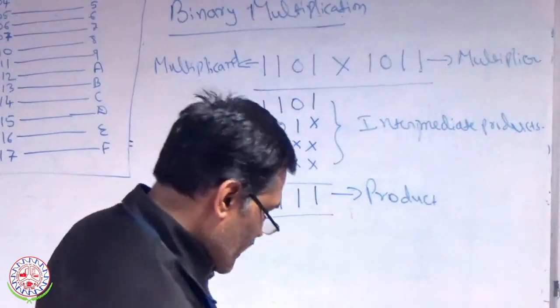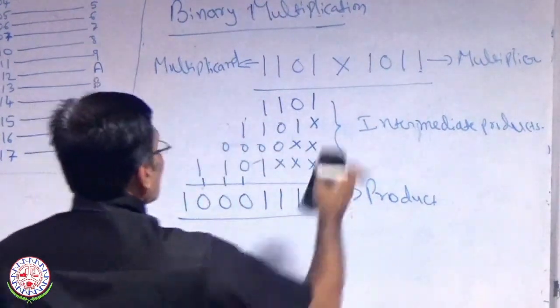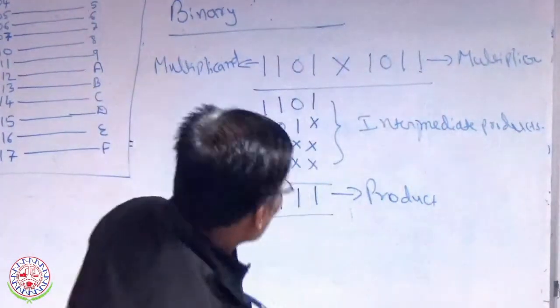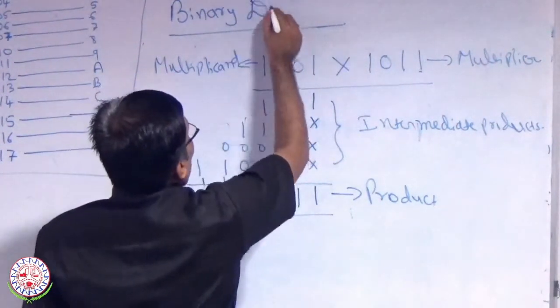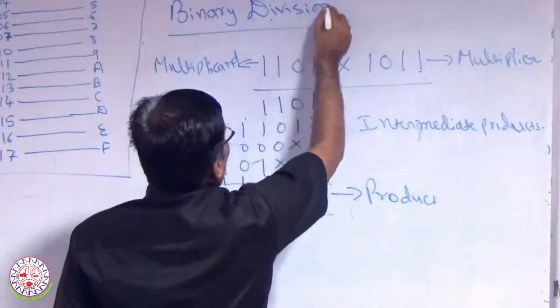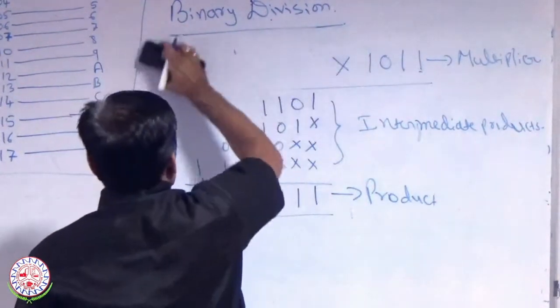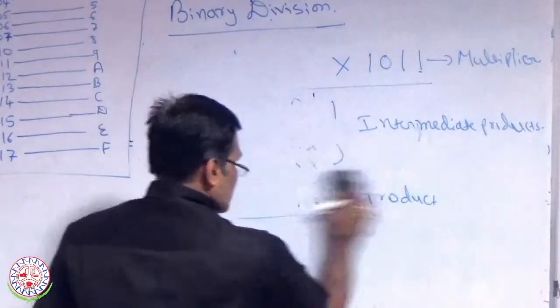So quickly let us see binary division, the last binary arithmetic. This is also very simple as far as our decimal division is concerned.